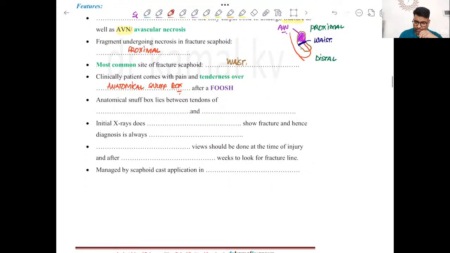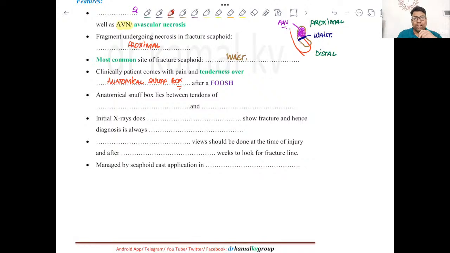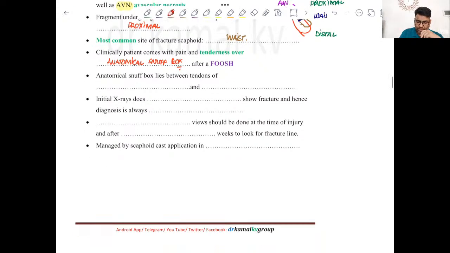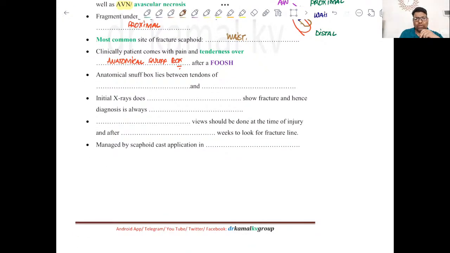So therefore we always discuss this anatomical snuff box, which is a triangular area which lies between the tendons of extensor pollicis longus, right?